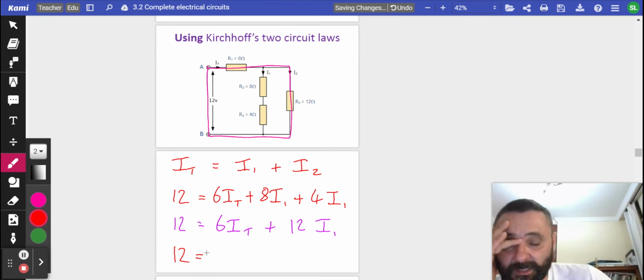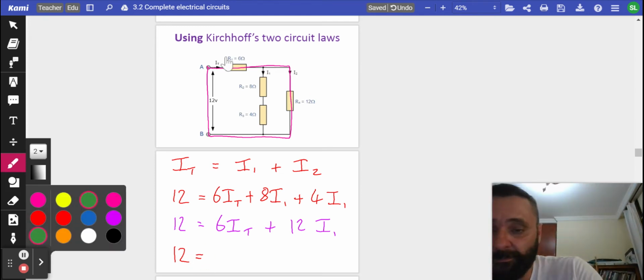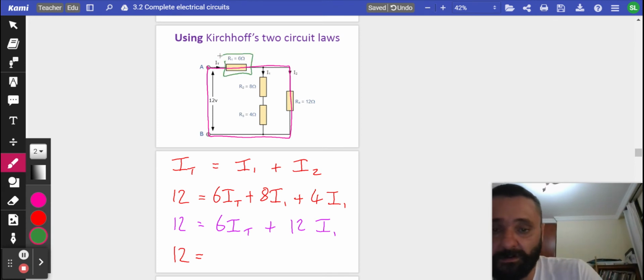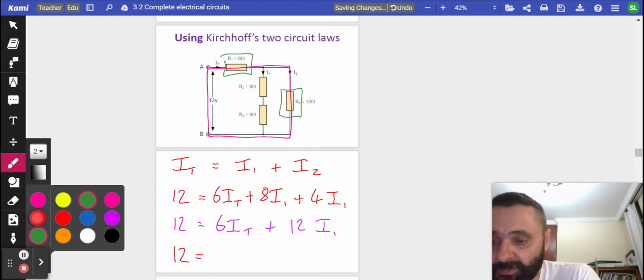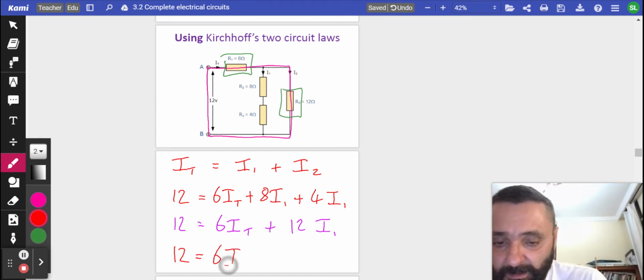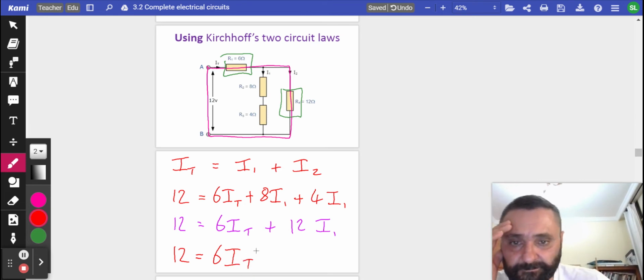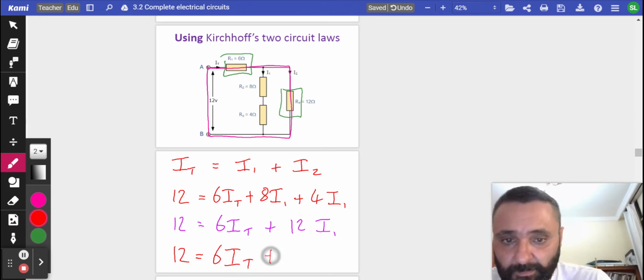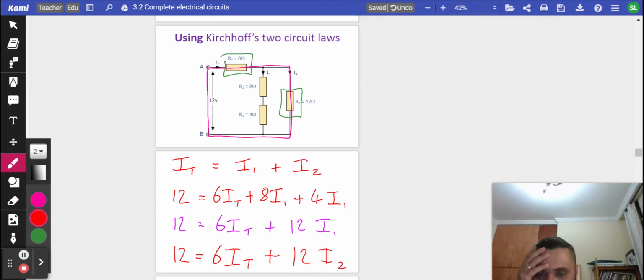That's equal to the potential drop across R1 plus the potential drop across R4. So 12 equals 6 IT plus 12 I2.